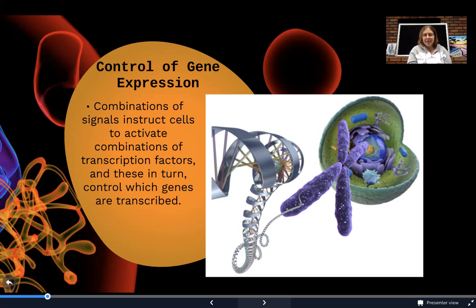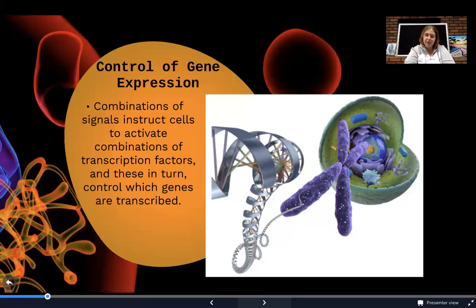And there are different signals that tell the cell when to do it and how often to do it. Should you keep it on all the time? Should you just keep transcribing this gene over and over and over? Or should you do it for a limited time and then stop and then possibly start up? Or are you going to be silenced forever? A whole bunch of different signals decide all of that: when to do it, how often to do it, how quickly to do it.